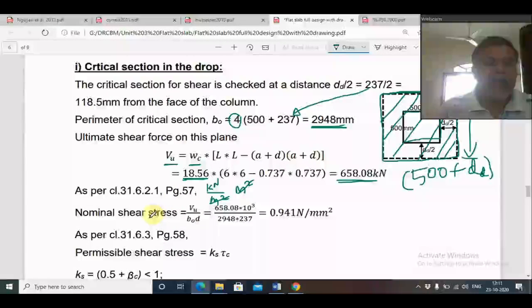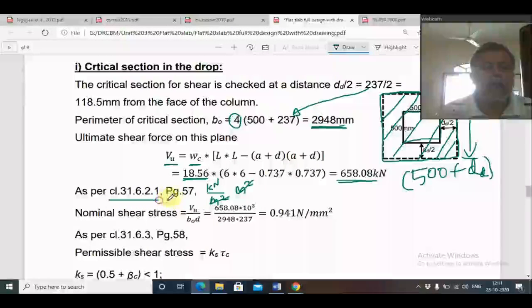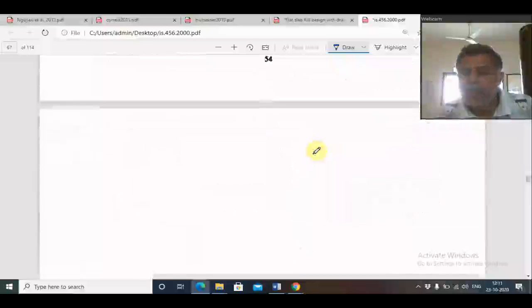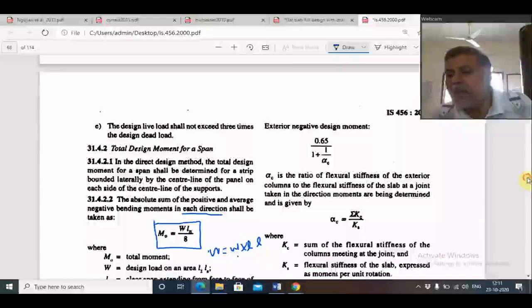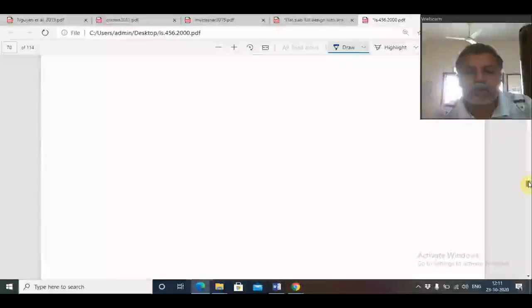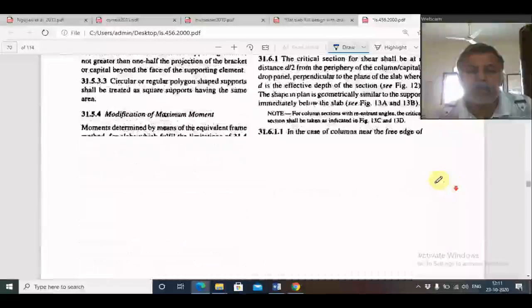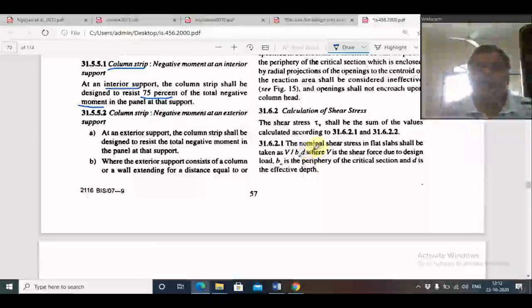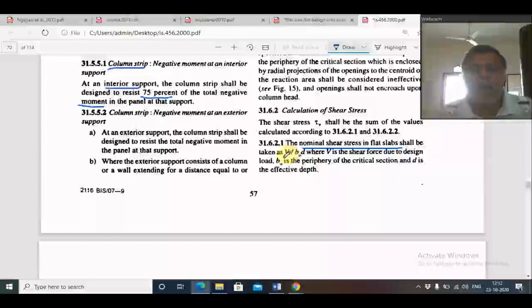To calculate the nominal shear stress, the formula is provided at clause 31.6.2.1, page 57. See, the nominal shear stress in the flat slab shall be taken as V by b naught into d.